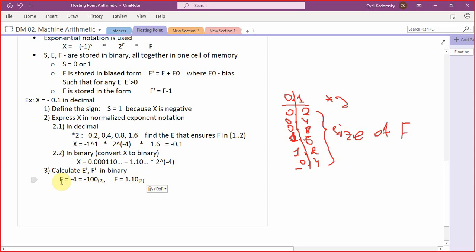But those are unbiased values. We must have biased values, for which we should look at these formulas. For this we must know the E0 and the fraction. Nothing is very special about it. To calculate it is very easy. Let's see.